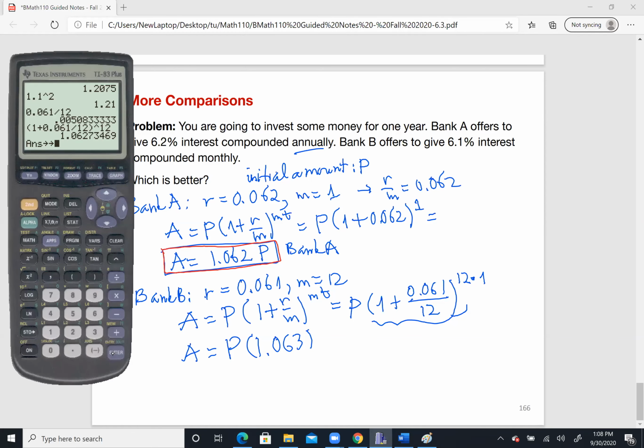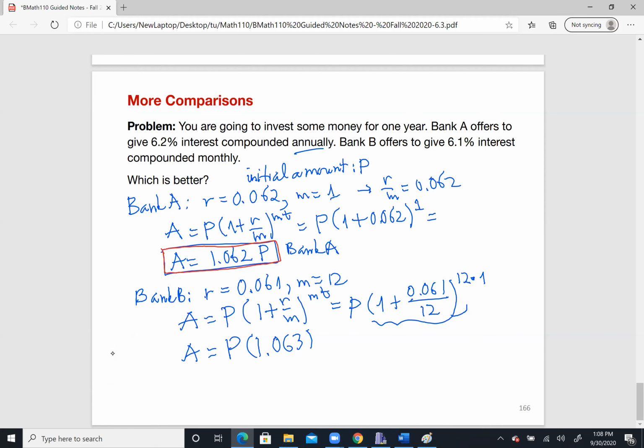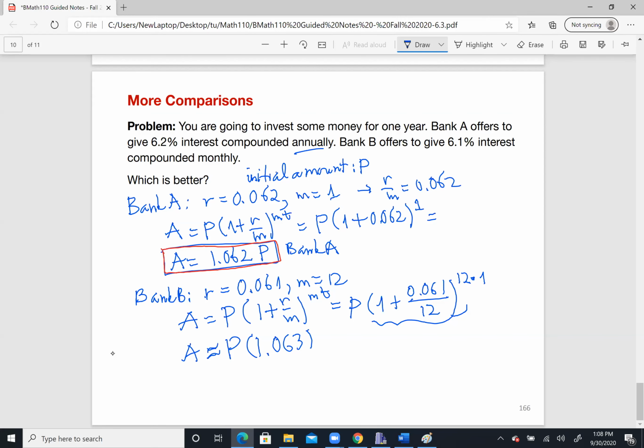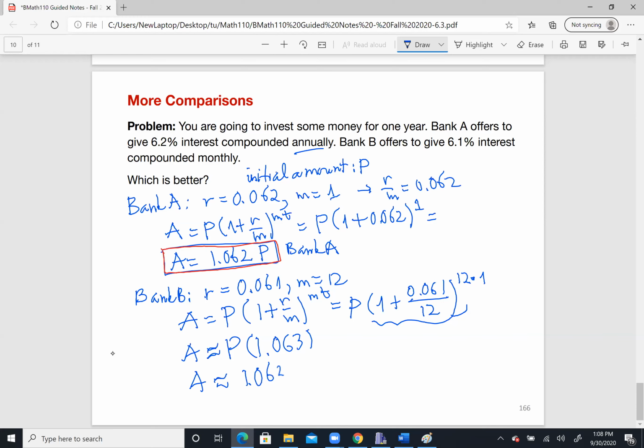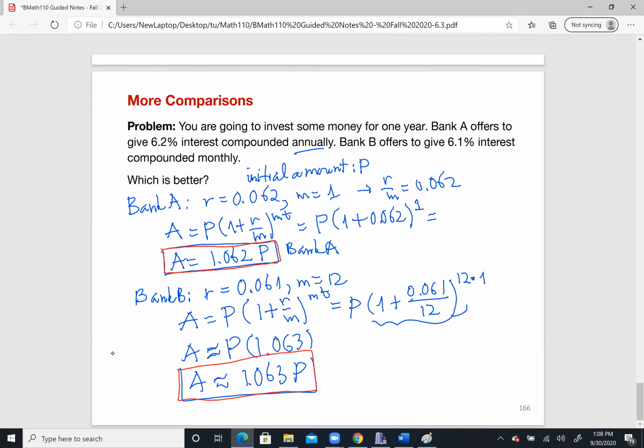So that is higher than bank A a little bit. So I'm gonna rewrite as A approximately equal to 1.063P. Here's bank B.